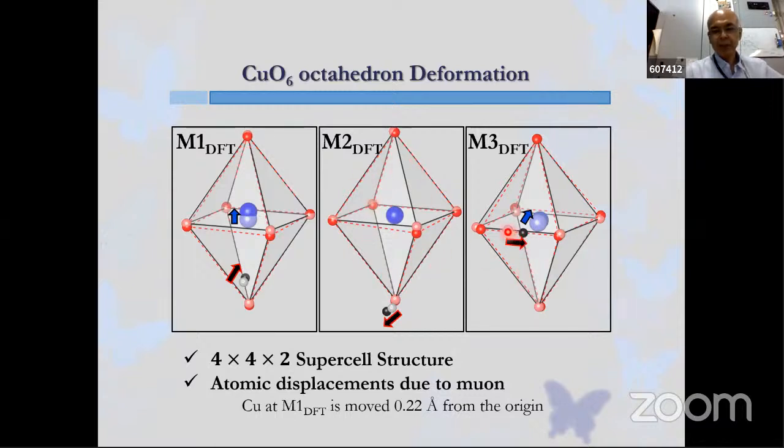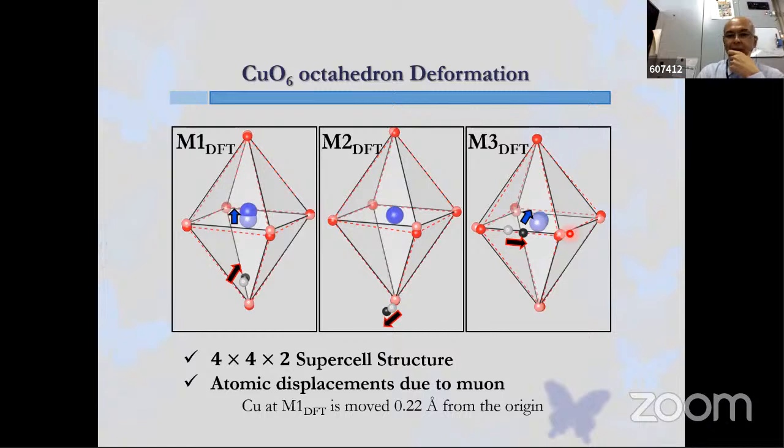And if the muon stops here, it moves this way and pushes up the copper spin as well. The magnetic moment is on the copper spin, so if the copper spin position is changed, what is expected is the deformation of the electronic state and magnetic moment of the copper spin itself. So that has to be monitored or simulated as well. The VASP ab initio simulation package has this kind of component to simulate the local deformation as well.